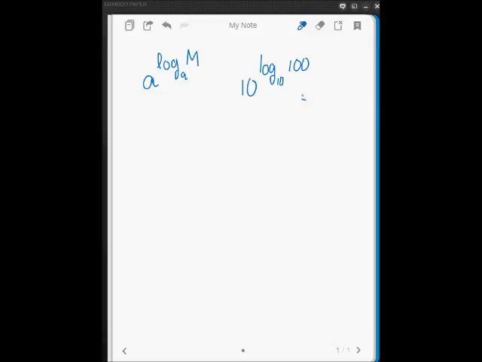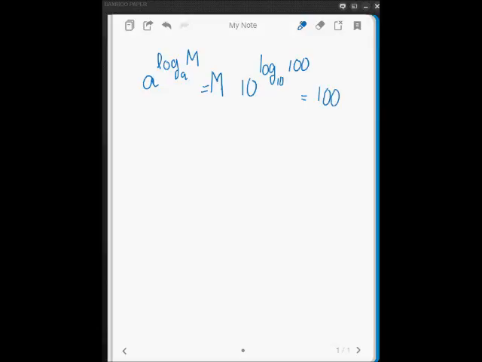Not 2. This one was your Bellwork. Your exponential base and your logarithmic base match, so since they're both 10, your answer is going to be 100. So a to the log a of m is always whatever that m is, by definition.